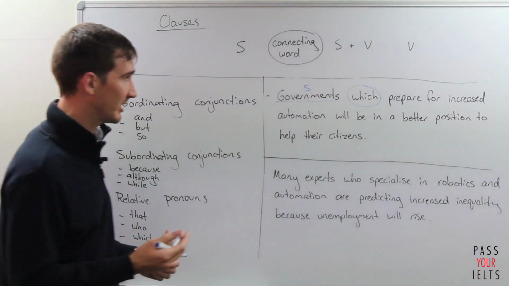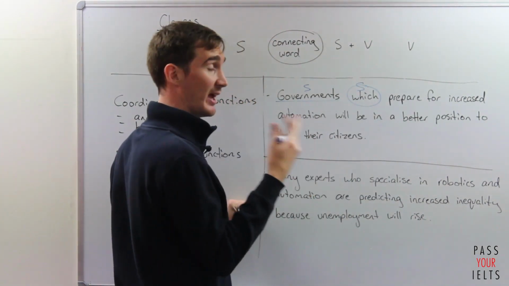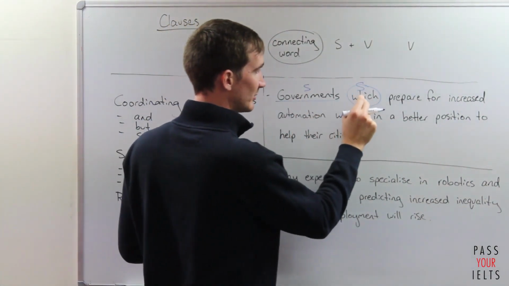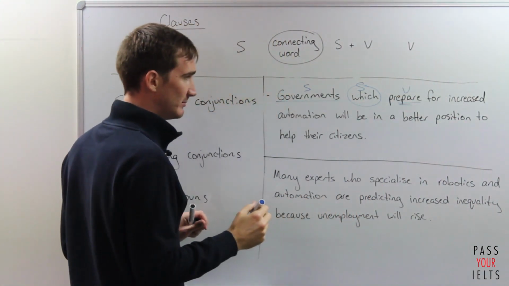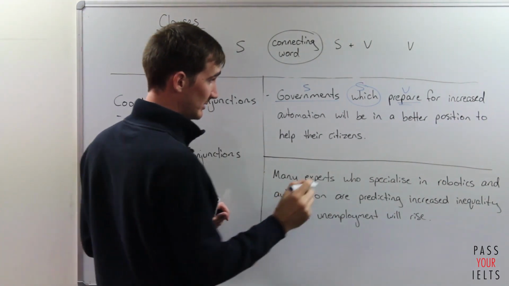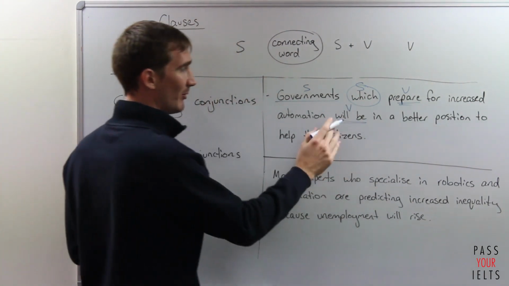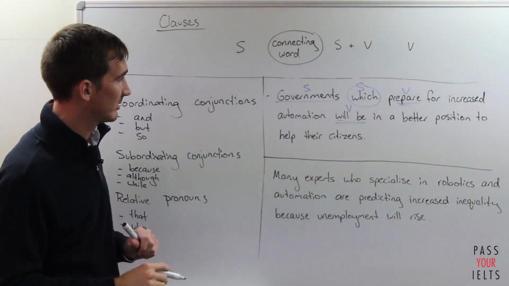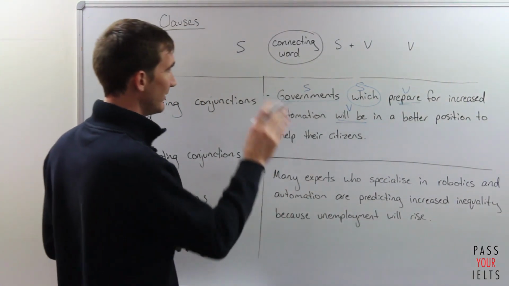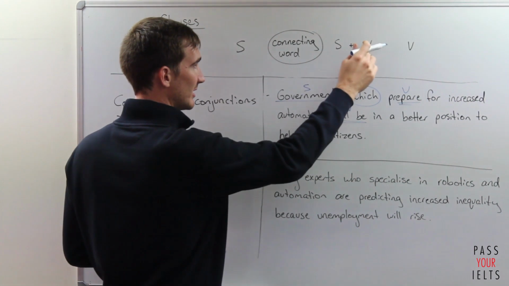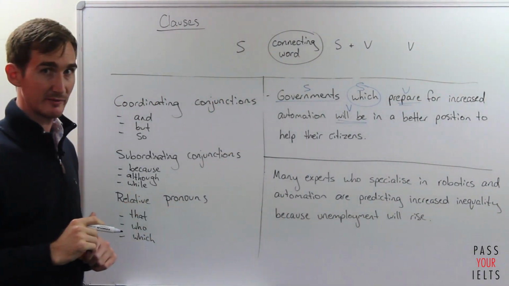Yes, which is referring to governments directly. So we know that this is both a connecting word and a subject. So governments, which prepare, is my verb, for increased automation, will be. Here's another verb, and that one goes with my government subject. Will be in a better position to help their citizens. So very simply, subject, connecting word, subject, verb, and verb to conclude. Really standard with relative clauses.